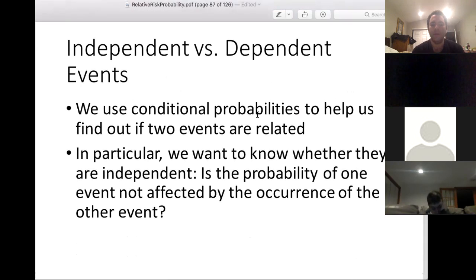In order to work with conditional probabilities, we should consider whether we're dealing with independent or dependent events. That is to say, whether there's any dependence or not.